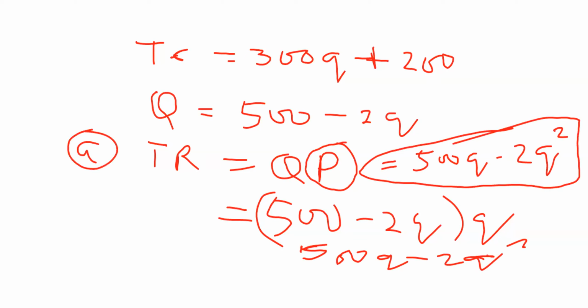Total revenue function is 500q minus 2q squared. Because they say find the total revenue function, they can tell us to find total revenue when the quantity is 10 or 5 or 6.